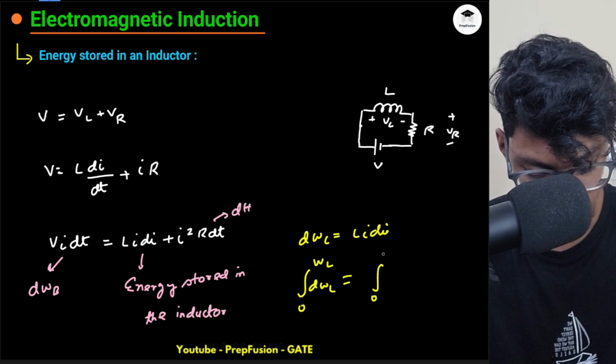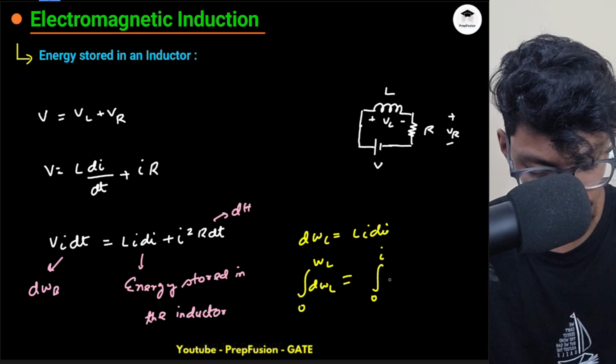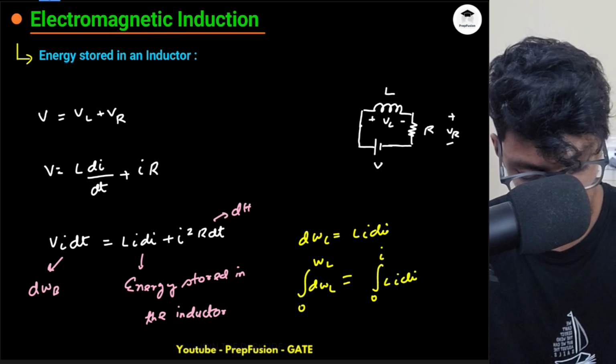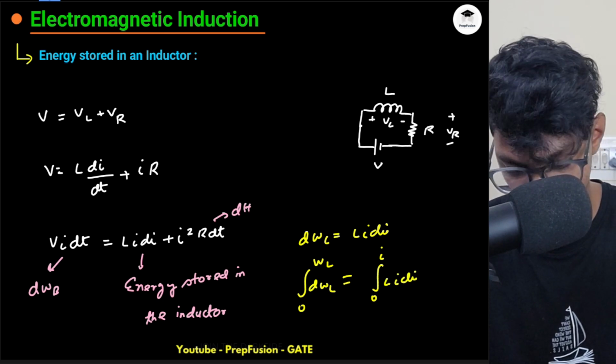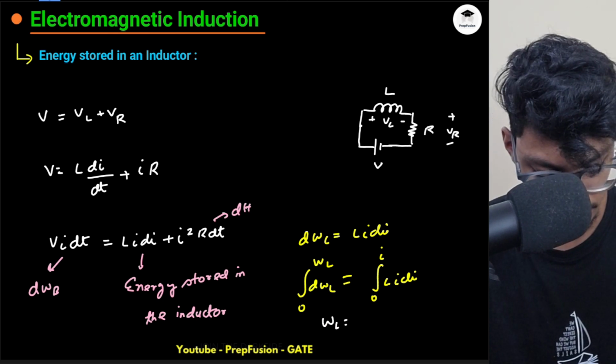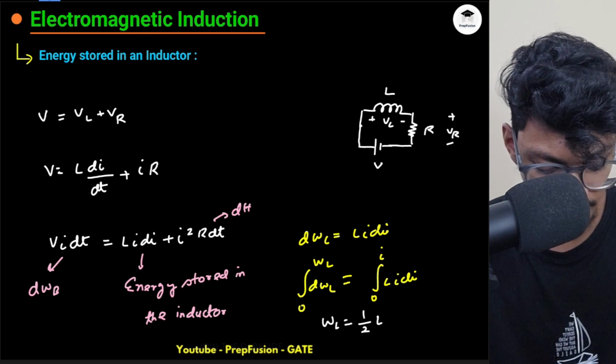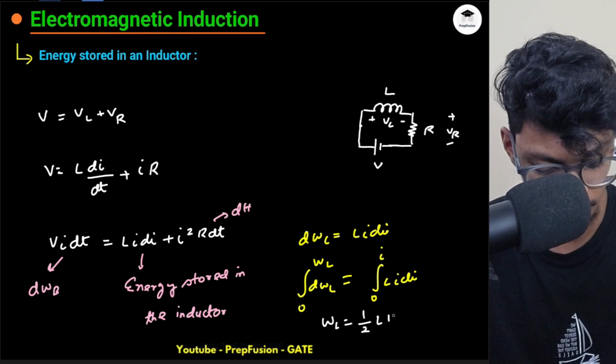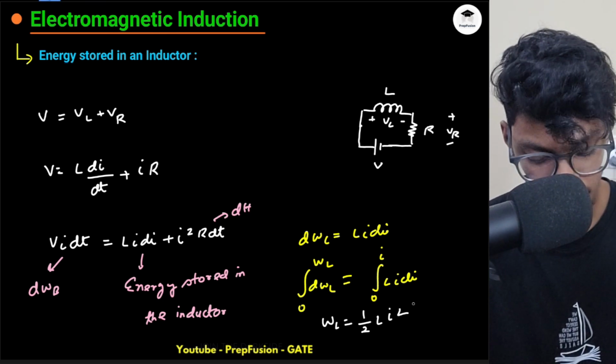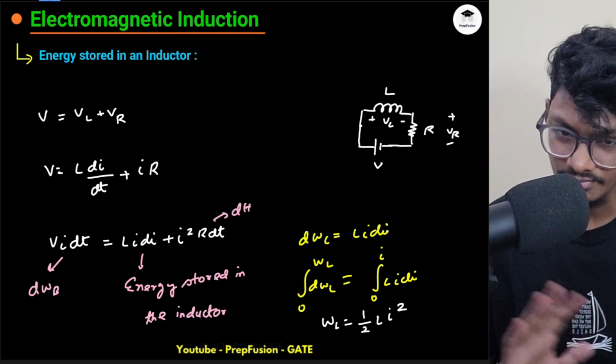With I going from 0 to I at steady state, L I di, I'll get my formula for energy stored in an inductor, which is half L I square, which we already knew, I just wanted to prove it in a different manner. If you didn't know this proof, now you know, congratulations. So this will be half L I square, that's it.